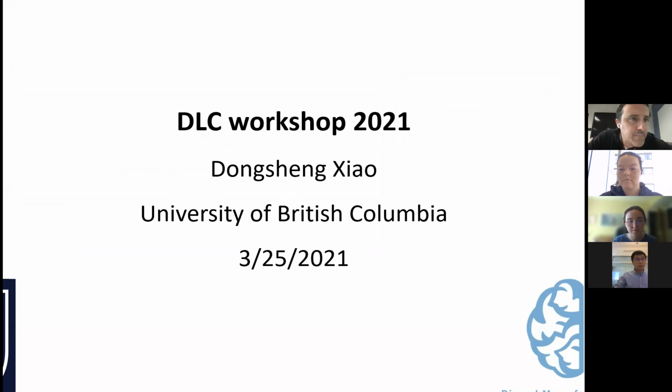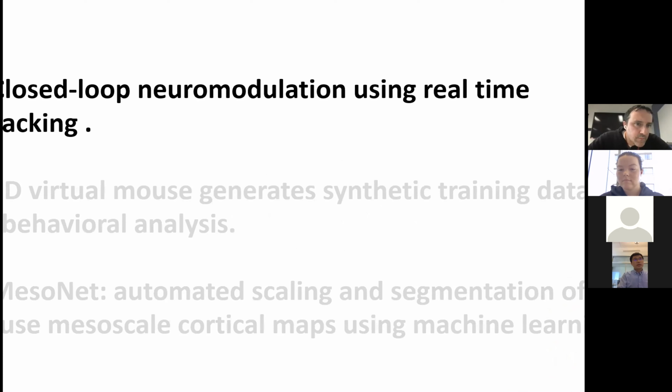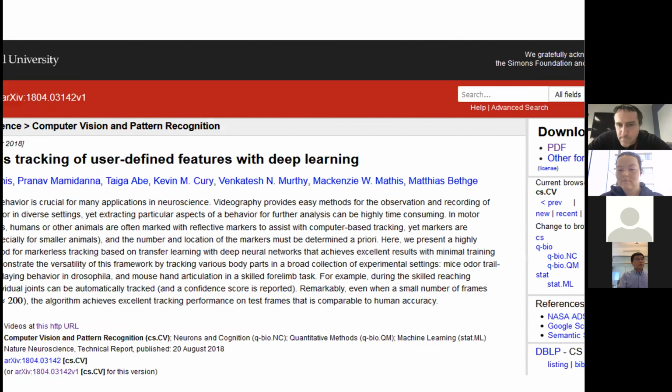Hi, good afternoon, everyone. My name is DongSheng Xiao. I will quickly go through three projects where I have been using DeepLabCut in our lab. The first project is real-time tracking. We noticed DeepLabCut would be a very useful tool when it was just posted on arXiv, before it was accepted by Nature Neuroscience.